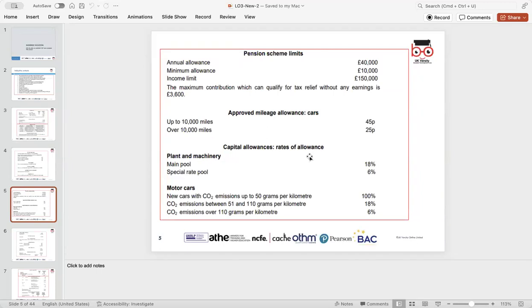So the last one is capital allowance. Capital allowance dictates rates of allowances for different assets. For plant and machinery, the main pool allowance is 18%, while for the special rate pool it's 6%. For motor cars, the rates vary based on CO2 emissions. For new cars, emissions up to 50 grams per kilometer, and 6% for cars with emissions over 110 grams per kilometer.